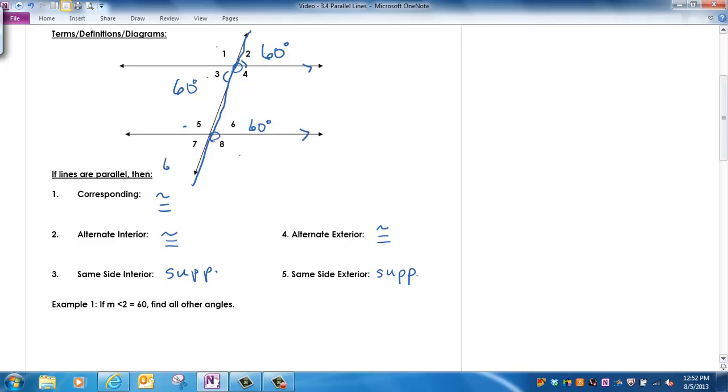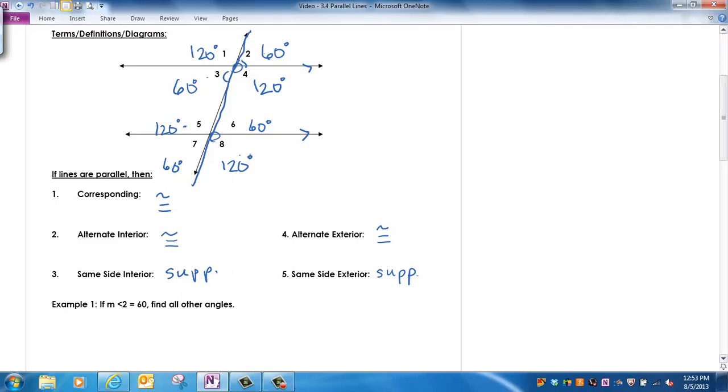All roads lead us to 60. If we go back to angle 1, well, that makes a straight line. So 180 minus 60 gives me 120 for 1, 120 for 4, 120 for 5, and 120 for 8.